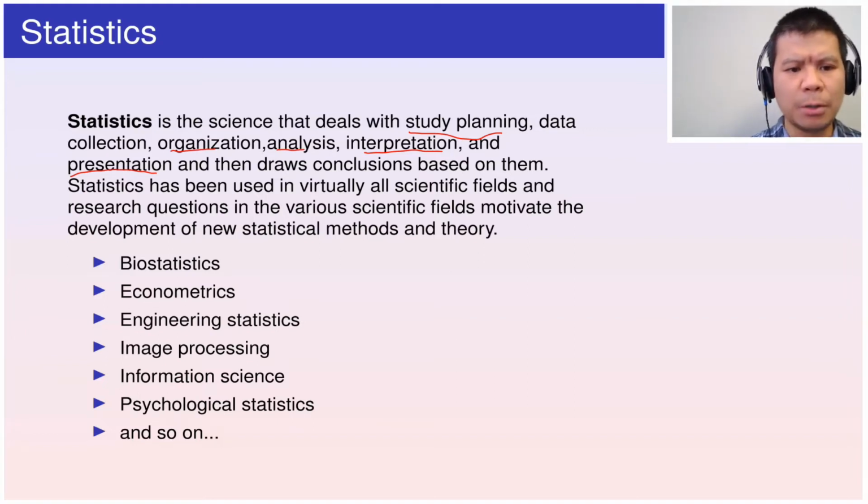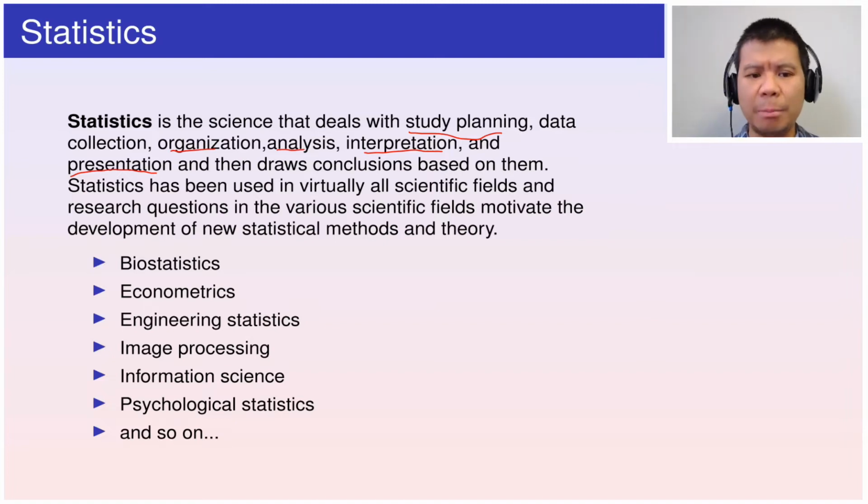Here I give some examples. You have biostatistics these days, biology plus statistics. Econometrics, that's economics and statistics. Of course, you have engineering statistics as well for different aspects of engineering. For example, in civil engineering, with roads, bridges, buildings, and so on, you need a lot of data.